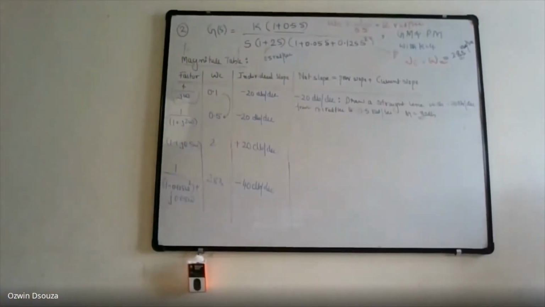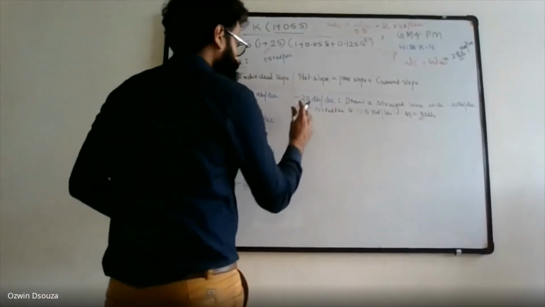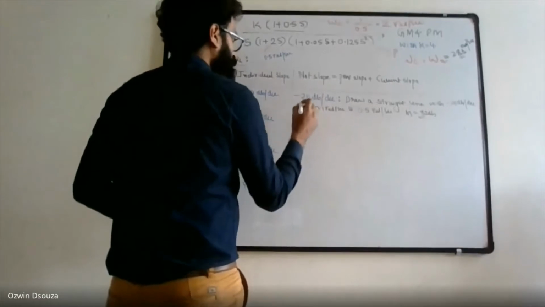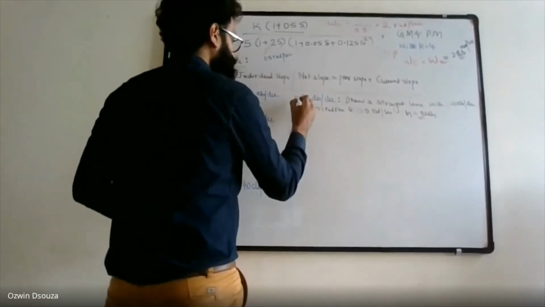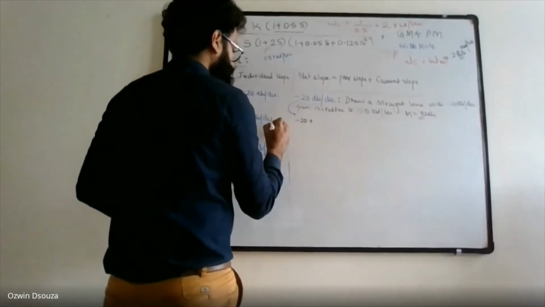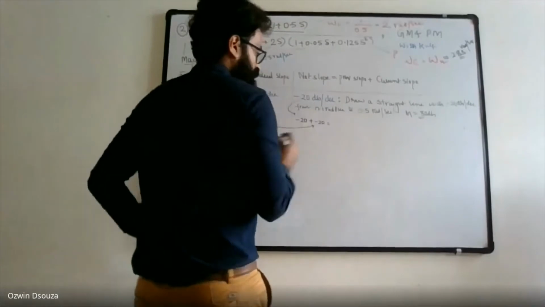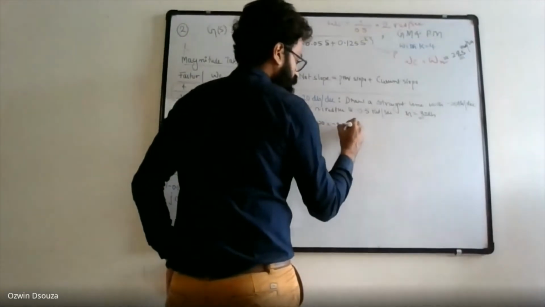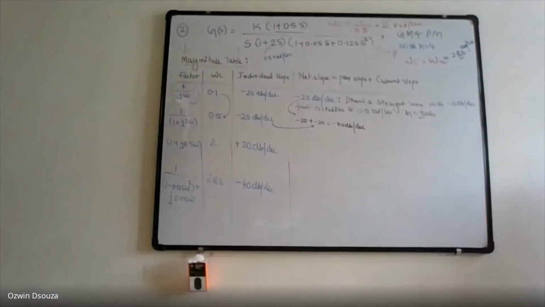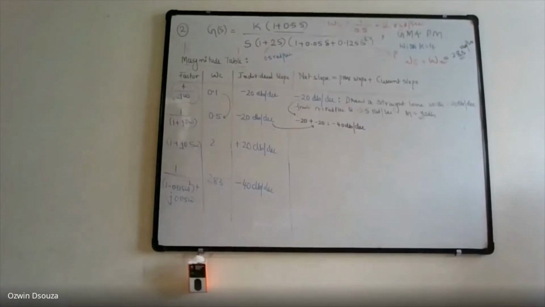Now let's come to the second factor. What do we have? Minus 20. So your next slope becomes previous slope, which is minus 20, plus current slope, minus 20. So the next slope becomes minus 40 decibel per decade.